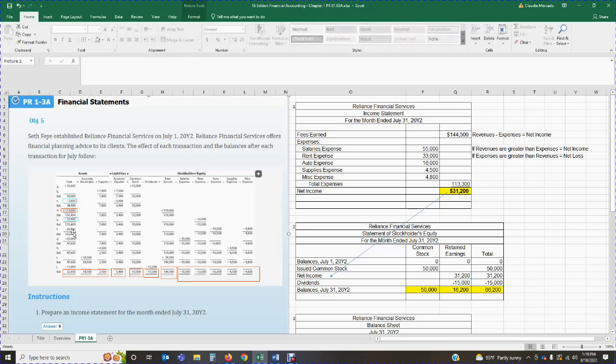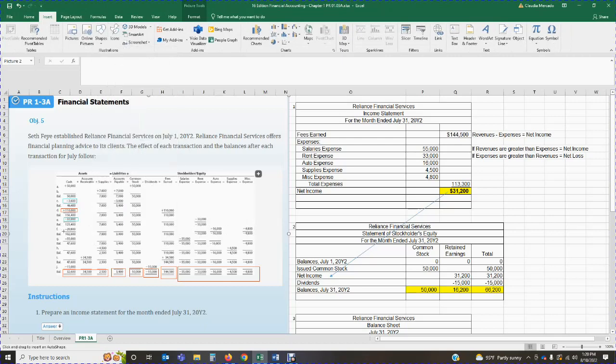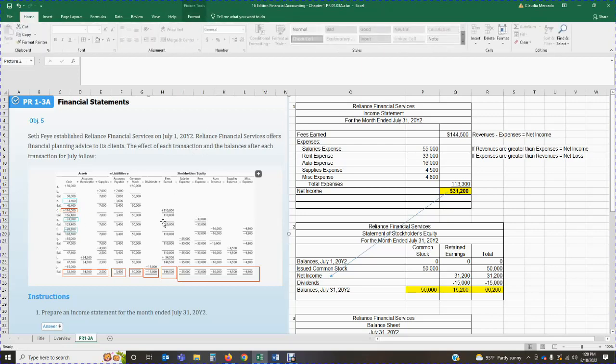Then here we paid $20,800 and that was for auto expense and miscellaneous expense. That is also for operations, so we're going to include those $20,800 as well. Anything that we paid for either paying a creditor or paying our bills or our expenses needs to be included in this section. Here we paid $55,000 for salaries.